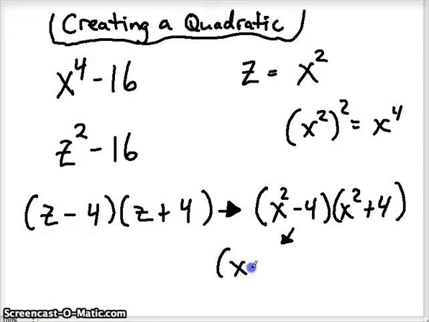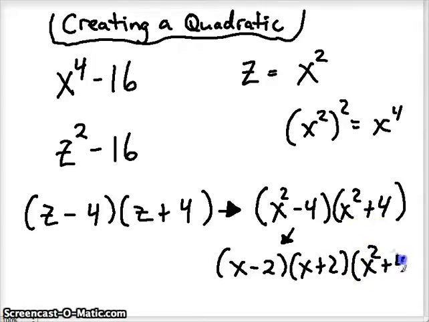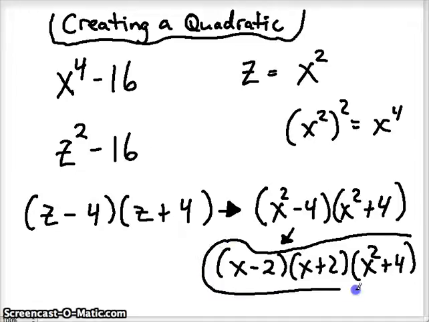So x minus 2 times x plus 2 would be that first set of parentheses factored. And I still have my x squared plus 4 because we don't have a factoring pattern for a sum of squares. We only have it for a difference of squares. So there's my final factored form. Again, set each of those parentheses equal to 0 and solve. We'll get to that in the next video though.